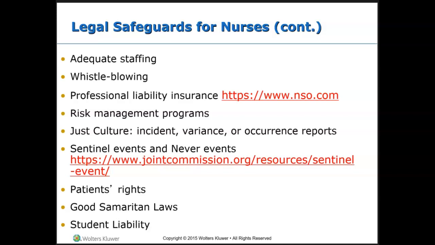Good Samaritan laws are designed to protect healthcare personnel when they are rendering first aid in an emergency situation, right? So the Good Sam law says this: if you're driving down the highway or down the street and you see somebody who's having a medical emergency, you have the right to either keep driving, you don't have to stop, you're not obligated, or you can stop and help. Now, if you choose to stop and help, you cannot abandon that person.